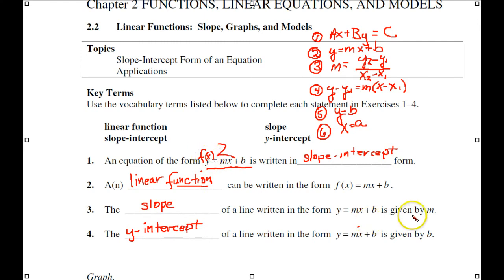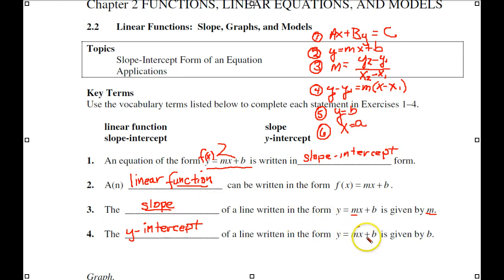Now, when we're looking at the m in this formula, that is the slope of the equation. Whatever's the numerical coefficient of x, that is the slope.